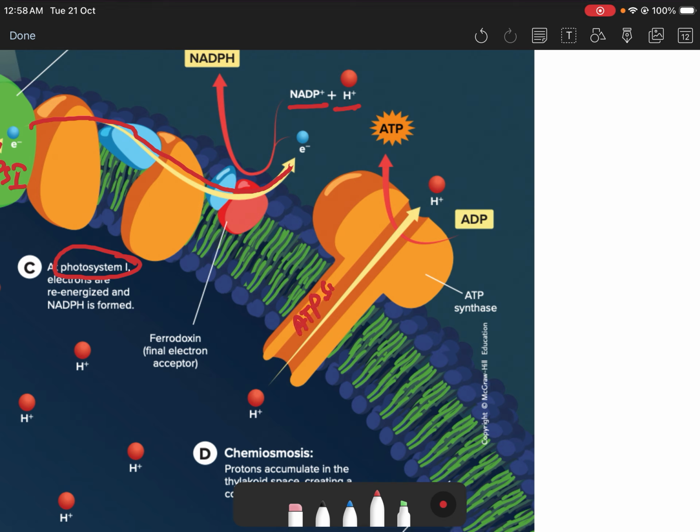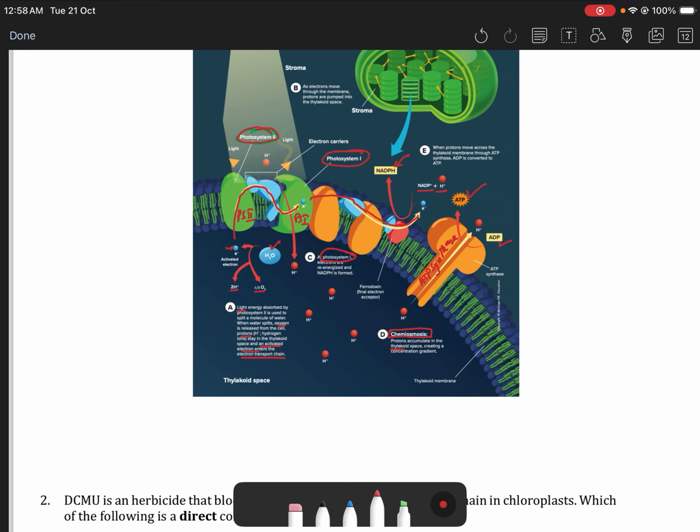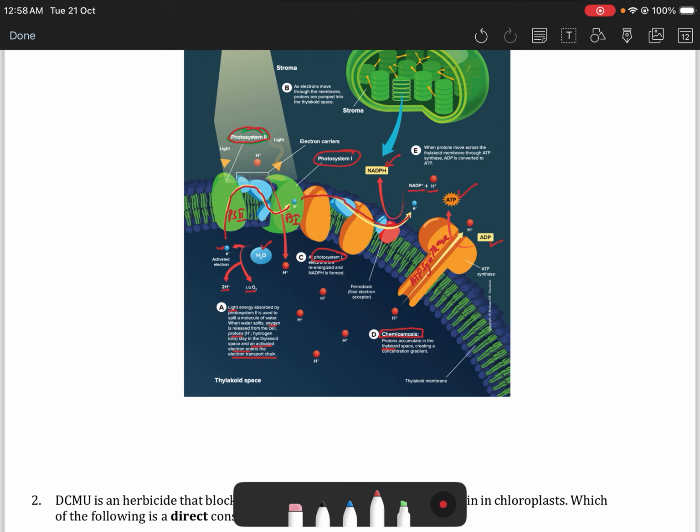This is ATP synthase, okay, and that converts the ADP into ATP, of course with the help of the proton gradient. And this process is called what? Chemiosmosis. So chemiosmosis is a process in which ATP is produced with the help of the proton transport from the thylakoid space into the stroma. So they move from the thylakoid and go into the stroma.